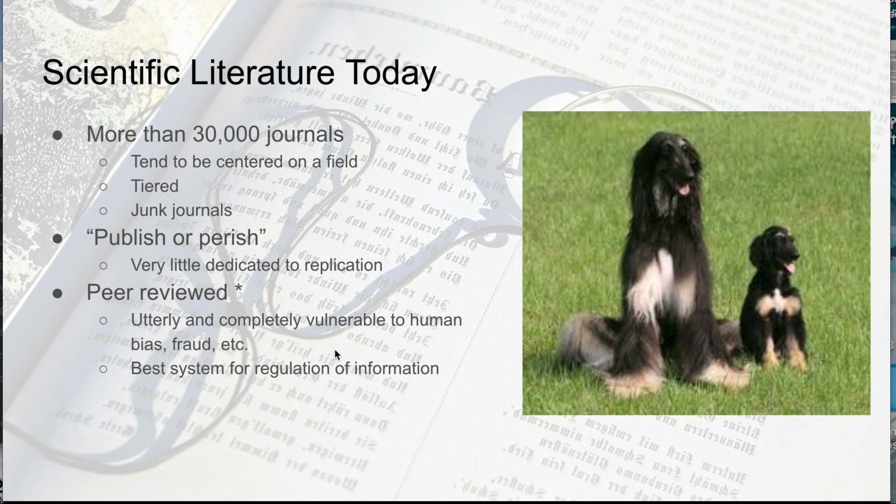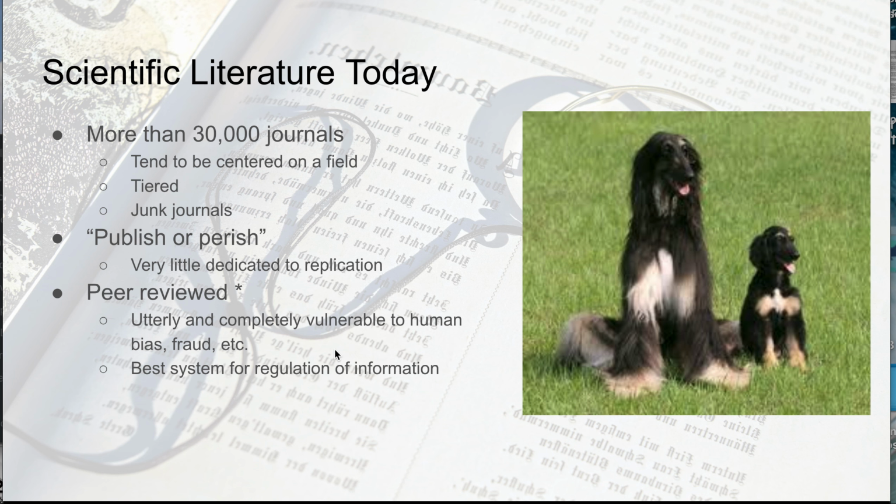This publish or perish has given rise to a phenomenon. As you know, repeating a study is really important to make sure that what you found is true. But it's expensive, and very little is done. We rely much more heavily on the peer review part and much less on the replication, which unfortunately is problematic.